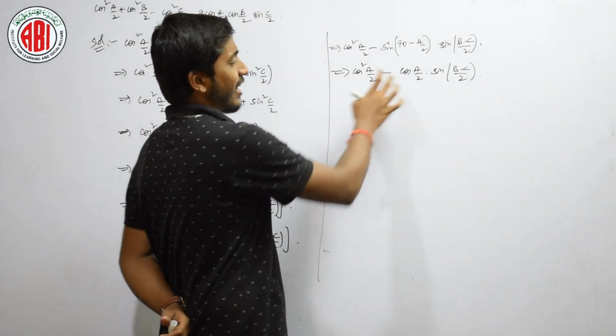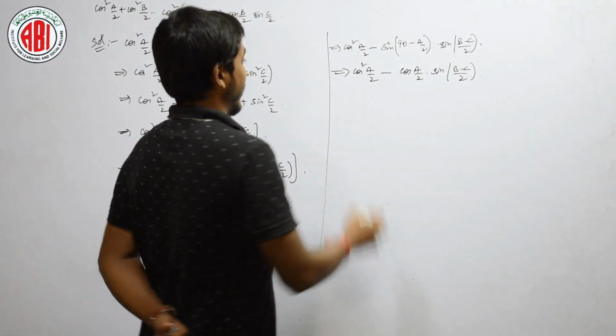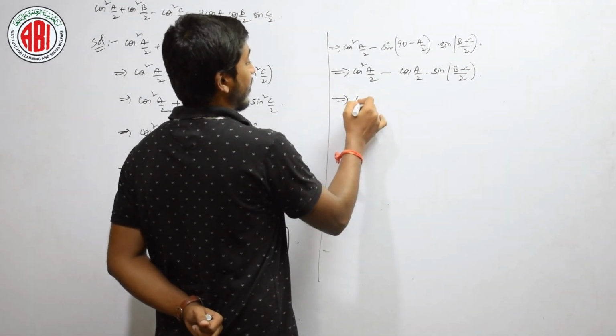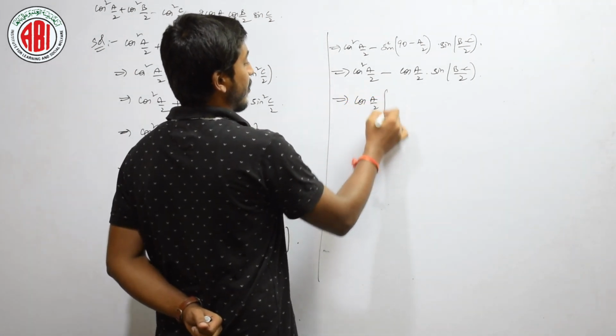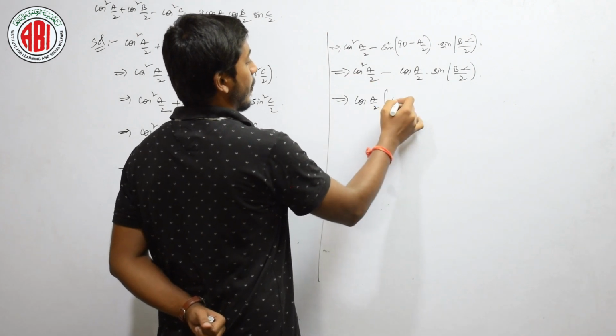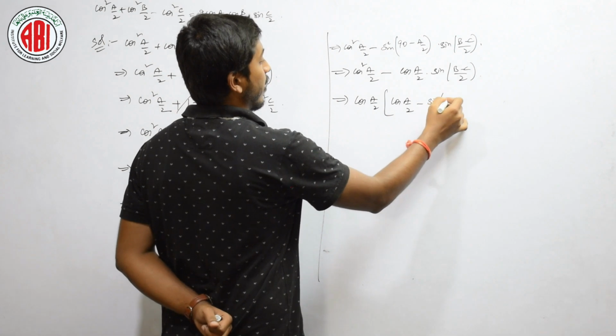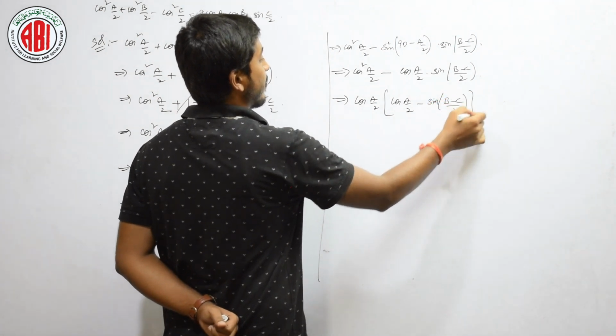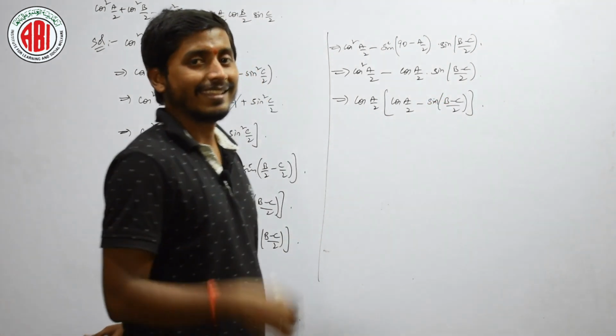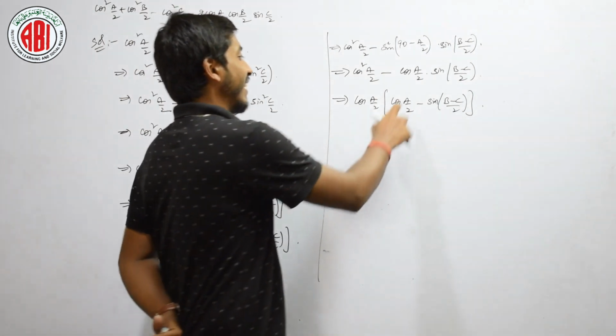The same thing, what can we take here as common? Cos a by 2. If I take cos a by 2 common, this will become cos a by 2 minus sine of b minus c by 2. The same step, what will we write this a as?